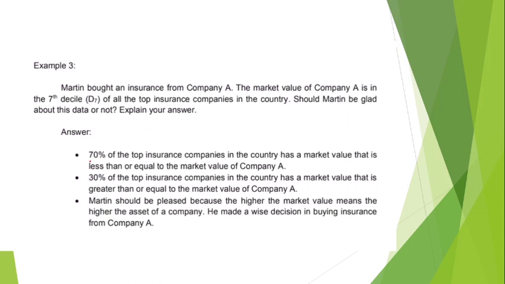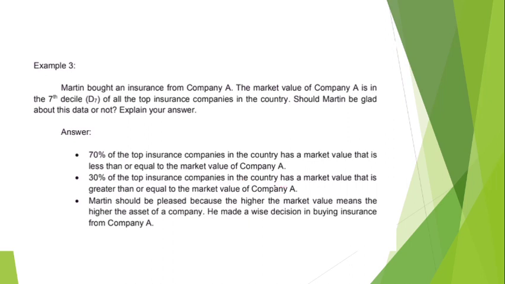The answer is 70% of the top insurance companies in the country have a market value that is less than or equal to the market value of company A. Since that's the 7th decile, we have 70% and the remaining is 30%.